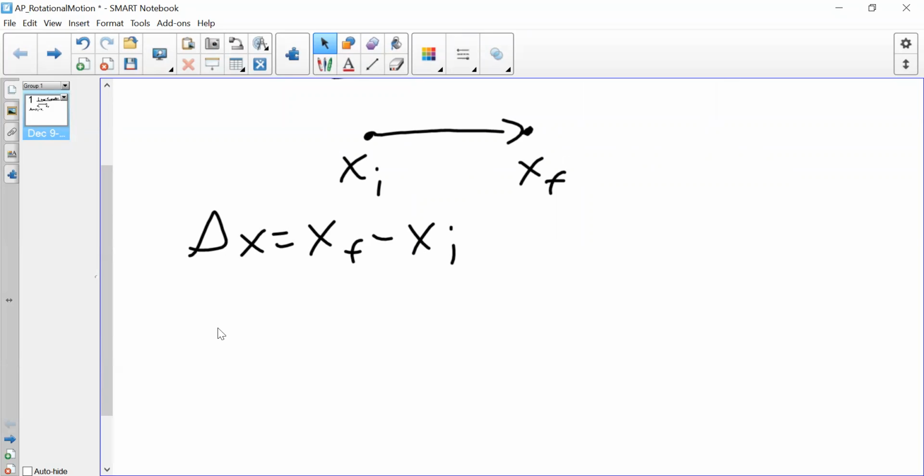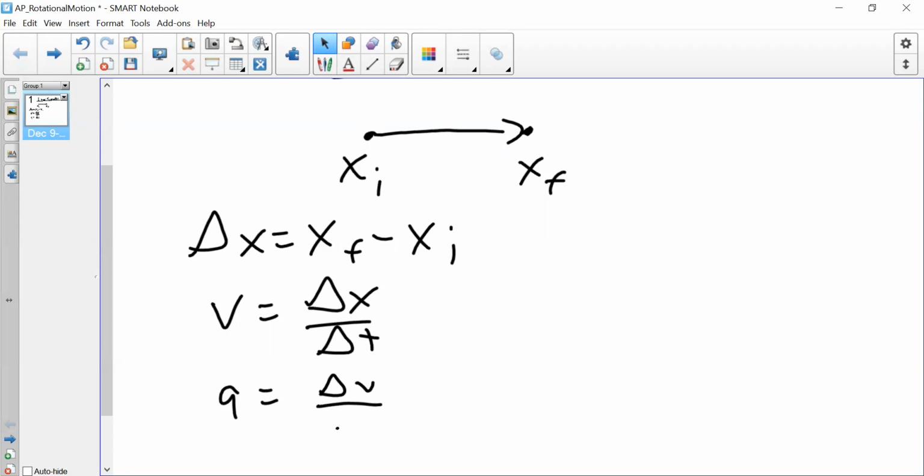We have velocity, delta X over delta T, acceleration, delta V over delta T. Where delta X is X final minus X initial, divided by T final minus T initial, we know all that. Displacement, velocity, acceleration, they're vectors. They're the ratio between a vector and a scalar, which produces another vector.